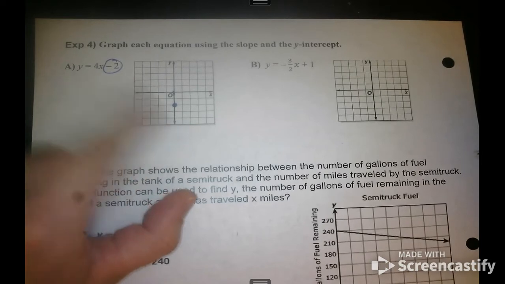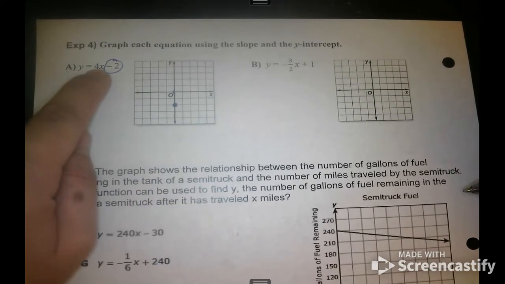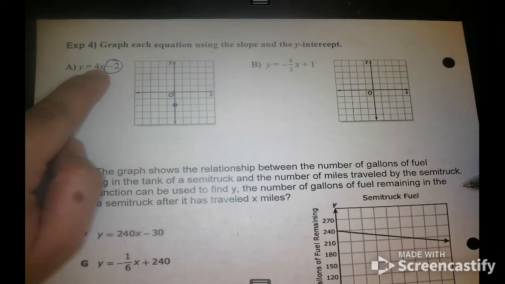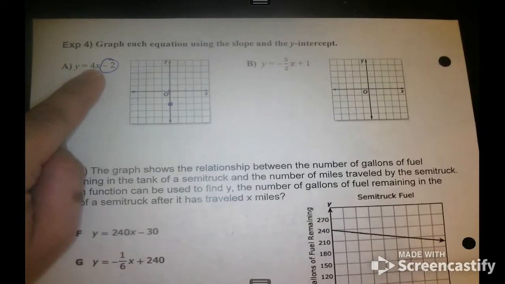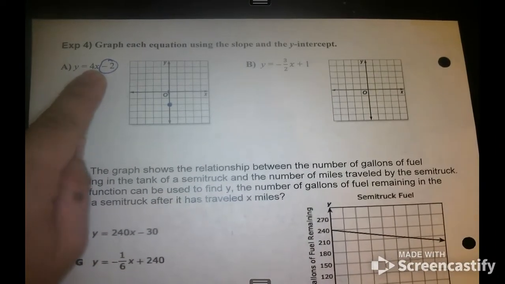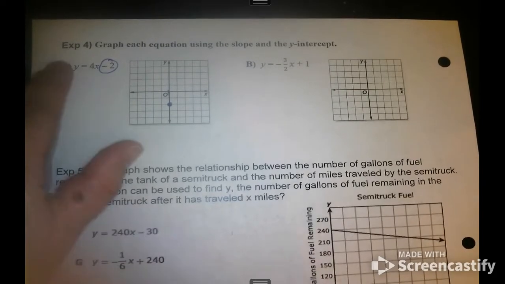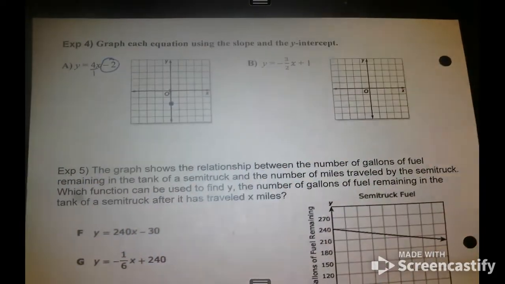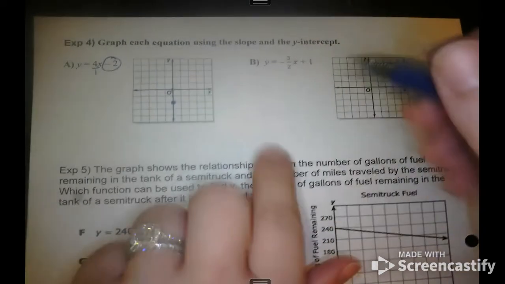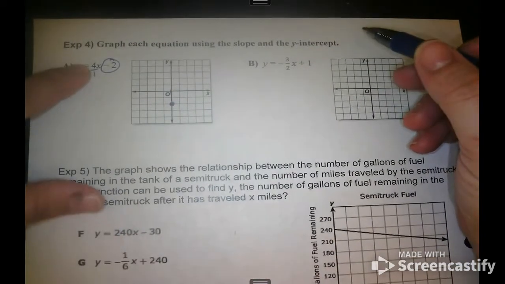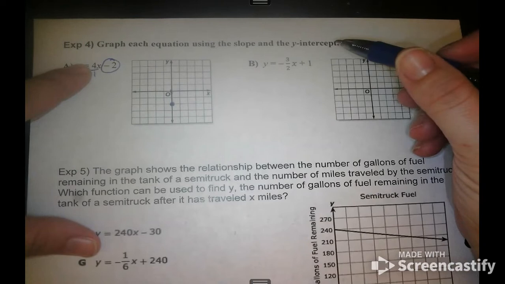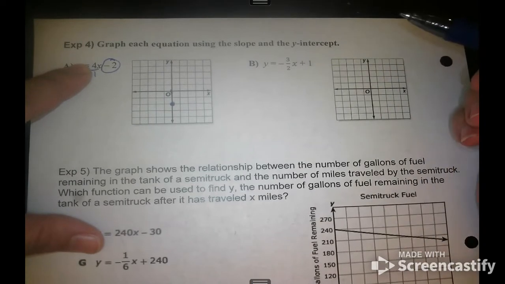Okay. Now, my slope is 4x. Well, remember, I need rise over run, right? So how do I make that a fraction? If I have a whole number, how do you make it a fraction? Put a 1 under it. It's 4 over 1. All right. So 4 is my what? Slope. Well, yes.